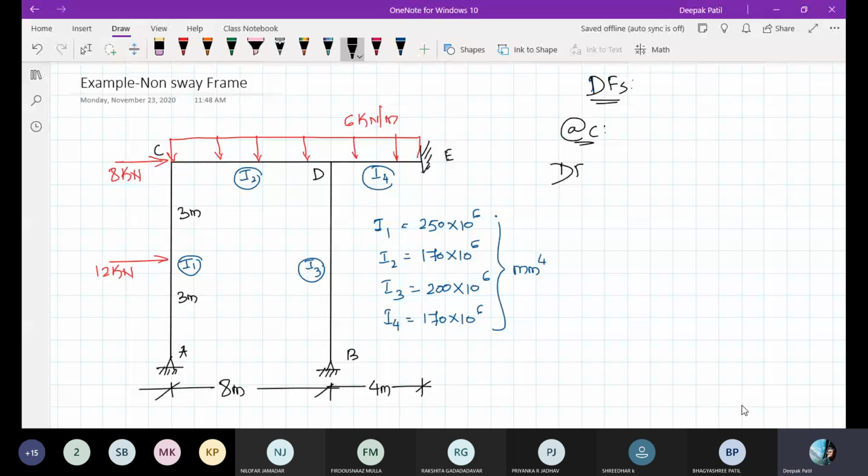At C, there are two members which are joining, CA and CD. So first, let me calculate the distribution factor of CA. That is equal to KCA divided by KCA plus KCD. So what will KCA be, 3EI by L or 4EI by L?